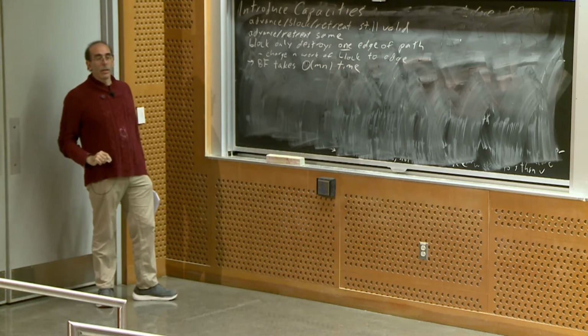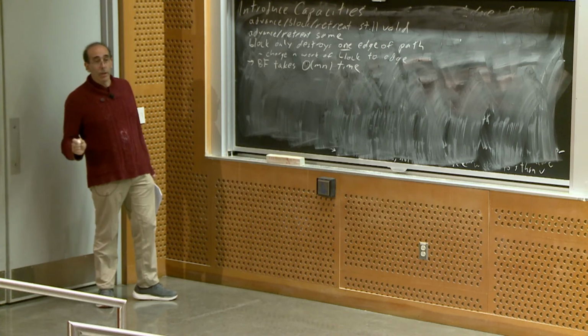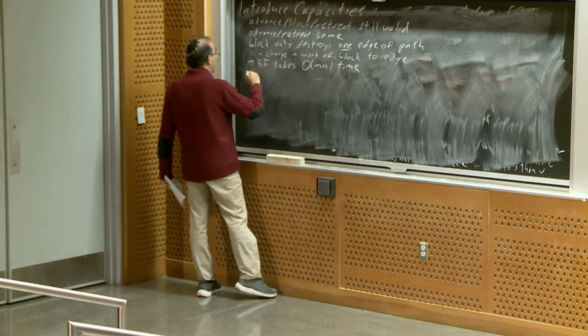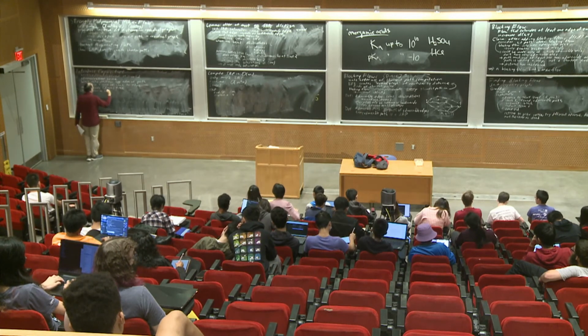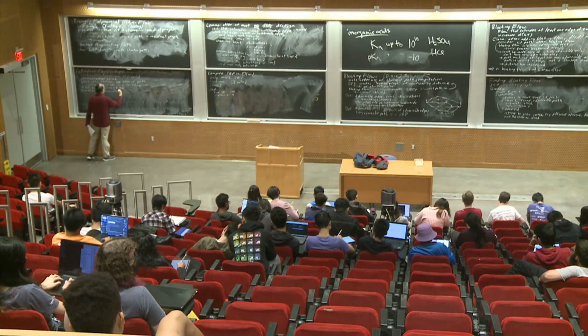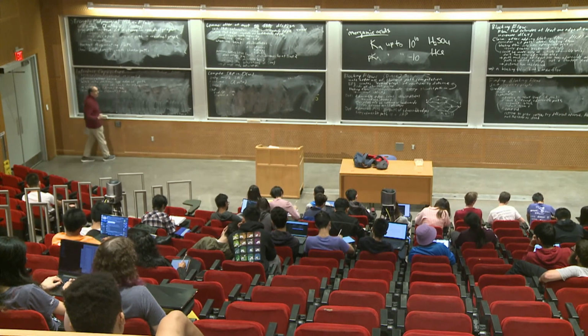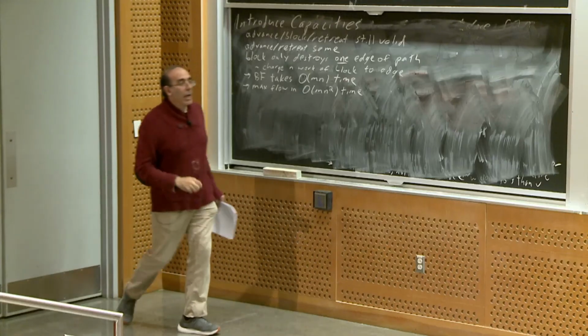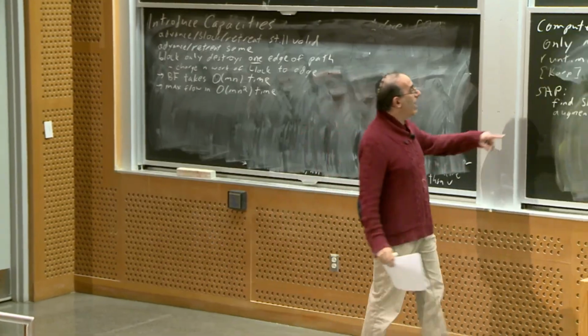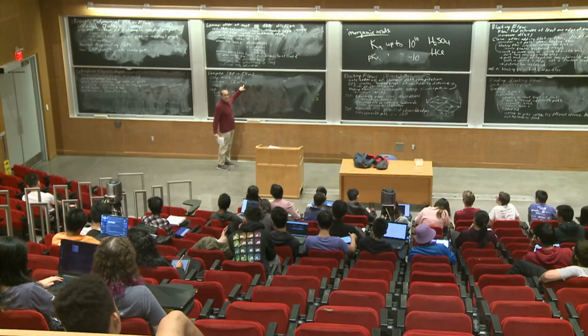Okay? Which is bad, but is also good, right? Because this implies that we can find a max flow in order mn squared time, right? And if we compare that to shortest augmenting paths, that was m squared n.